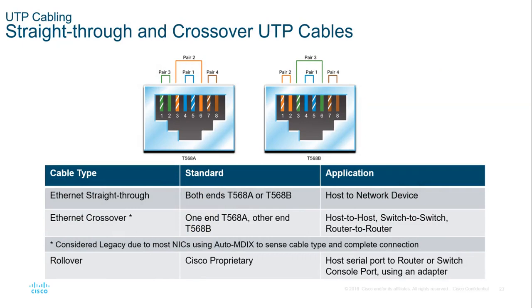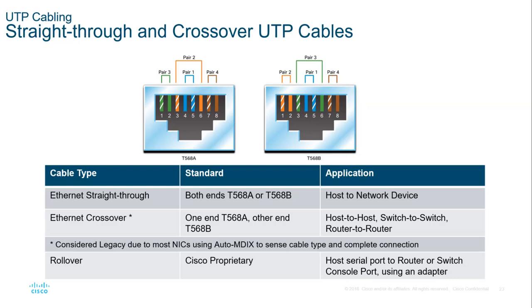Straight through and crossover. If you were to deal with the cabling on a network, most of the time in a wired network there are two common types of cable. We have crossover, and then we have straight through.